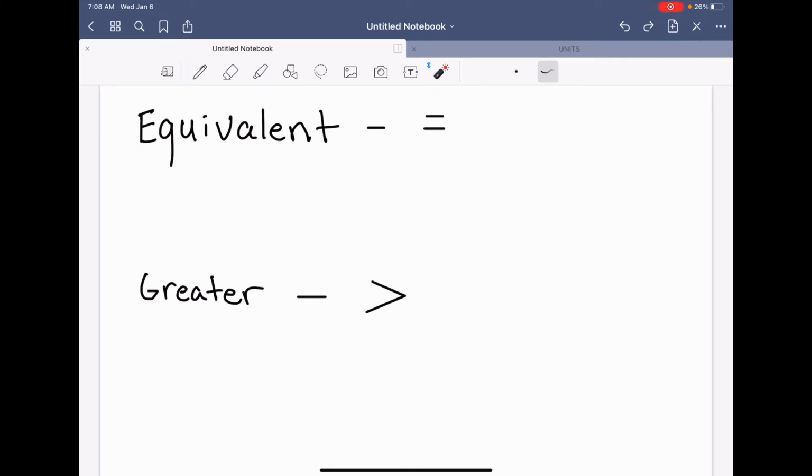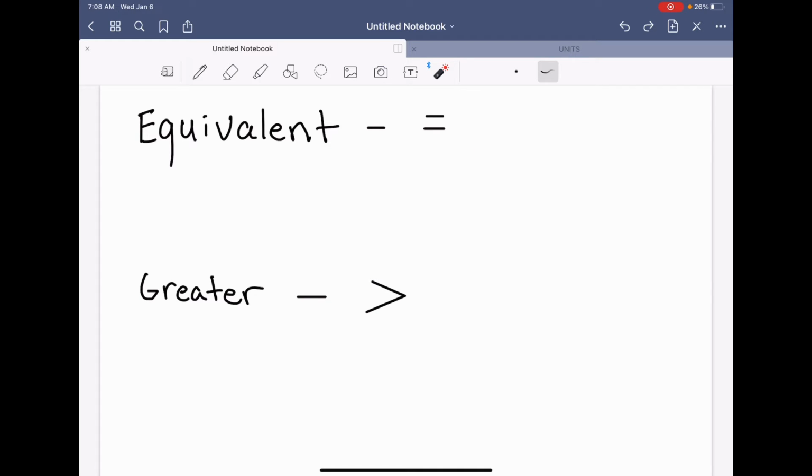They are the same. So, in fractions, we can talk about two fractions being equivalent, which means it's the same.